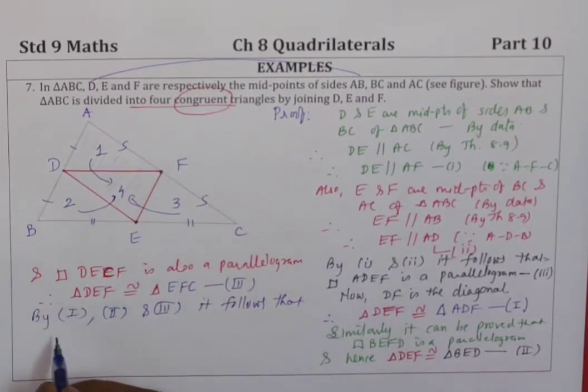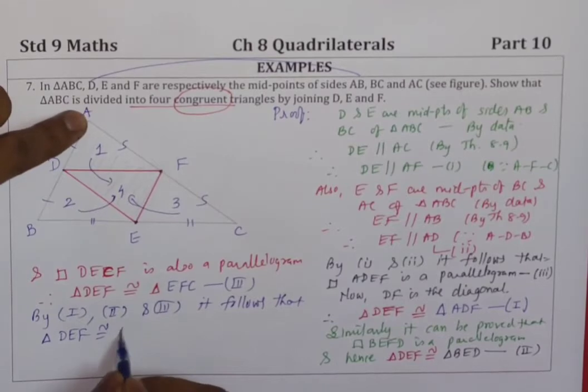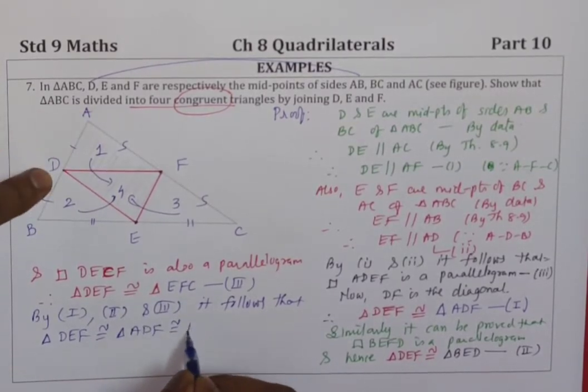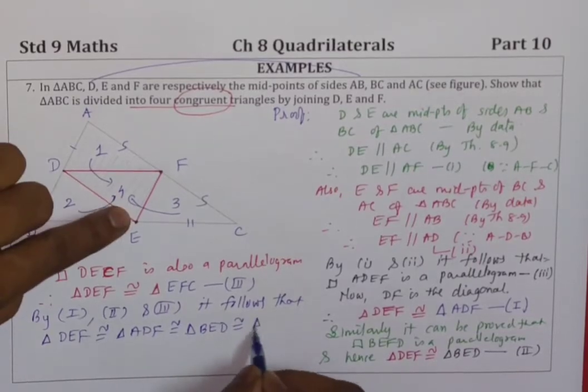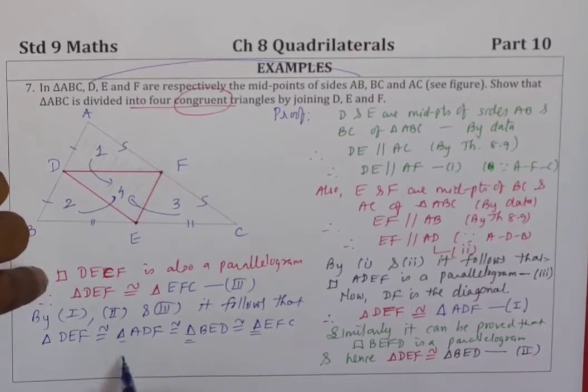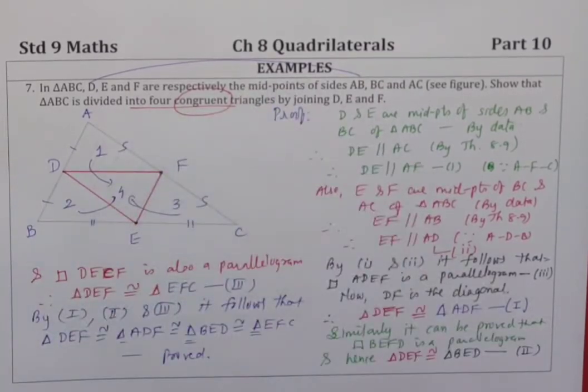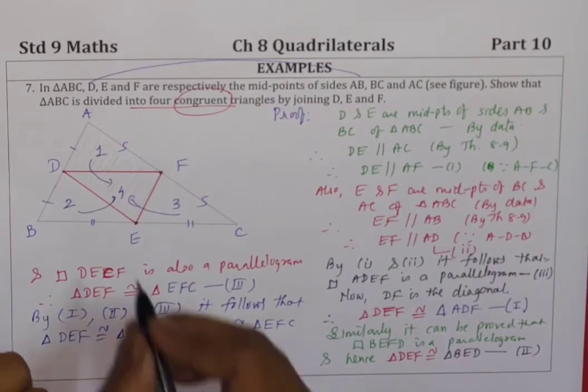So all are congruent to each other. So by 1, 2 and 3, it follows that triangle DEF is congruent to triangle ADF is congruent to triangle BED is congruent to triangle EFC, you may say any order, because of the symbol of triangle. Finished, proved.